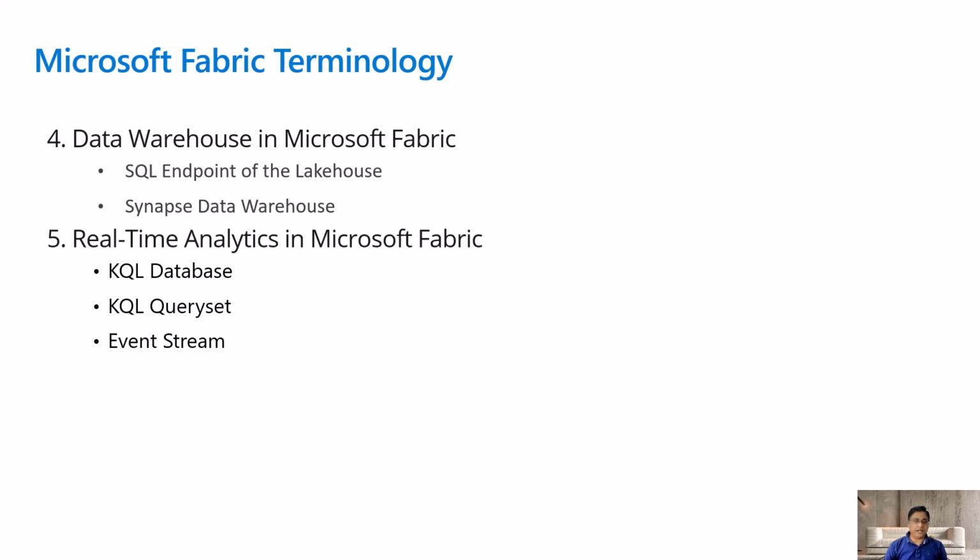Now the next part is real-time analytics in Microsoft Fabric. Microsoft Fabric provides a set of tools in this which integrates seamlessly with your Microsoft Fabric products. And these are the unique features which it provides, like it can capture and transform real-time events coming from your Kafka or other data sources, and then it can send these to different destinations, or you can generate insight from these events and send it to the consumers.